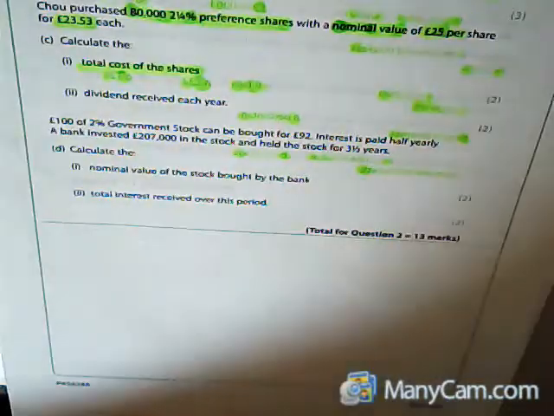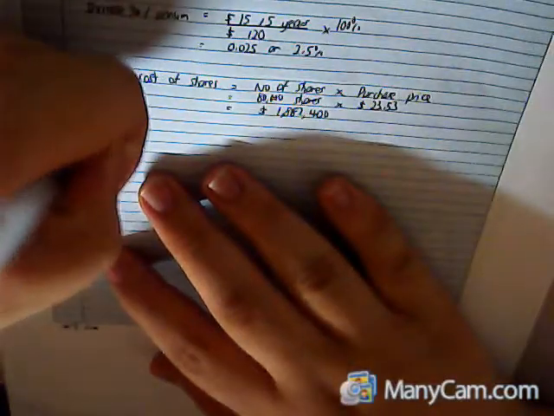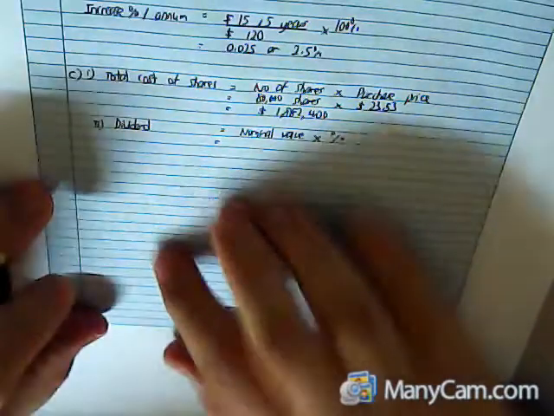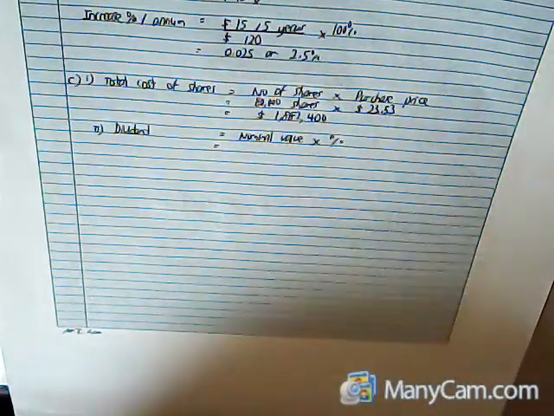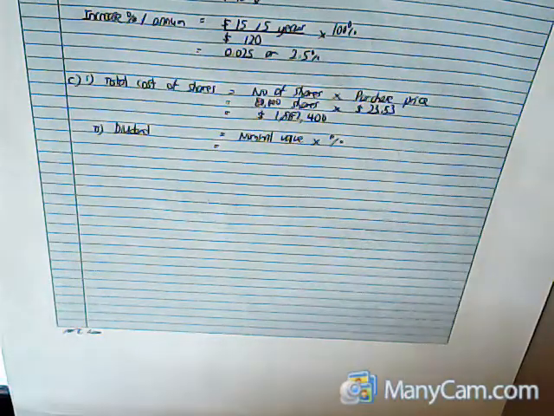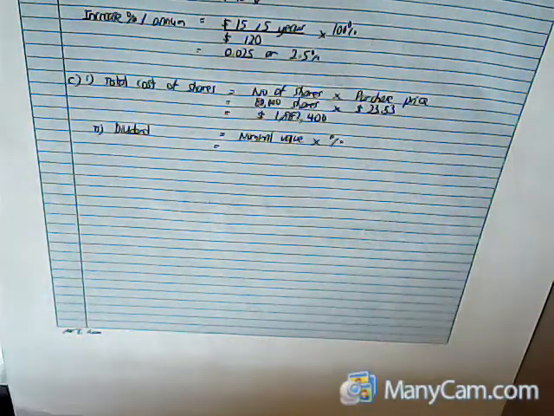They say calculate the dividend received for each year. How to get dividends? All the dividend, all the interest is always based on the nominal value. So we use the nominal value and multiply with the percentage. Be careful. Now they are asking for 1 year. Okay, if they ask for a period, say it can be 3 years, 4 years or 5 years, right?